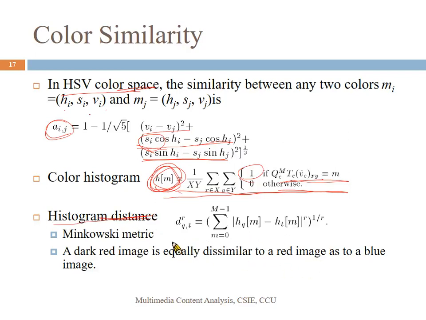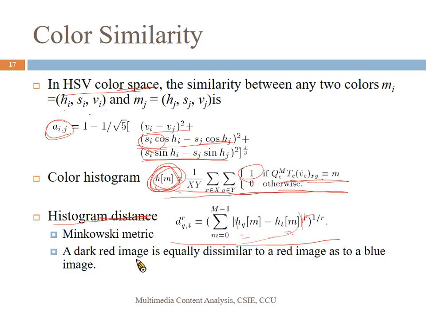This kind of formulation is called a Minkowski metric. We just calculate the distance between corresponding histogram bins, then take the r-th power, and after summation we take the r-th root. But such a Minkowski metric may cause a problem.